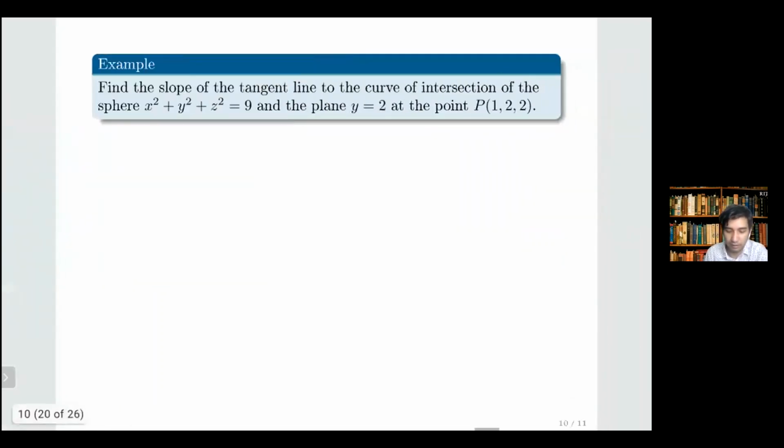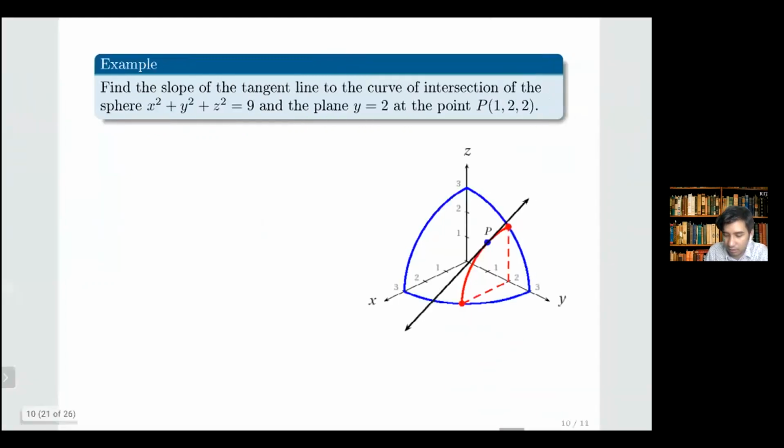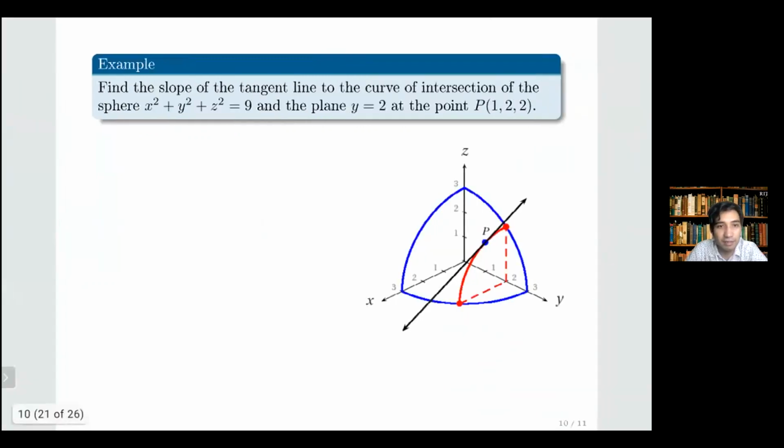As an example, suppose we are asked to find the slope of the tangent line to the curve of intersection of the sphere x squared plus y squared plus z squared equals 9 and the plane y equals 2. This blue graph is the sphere.